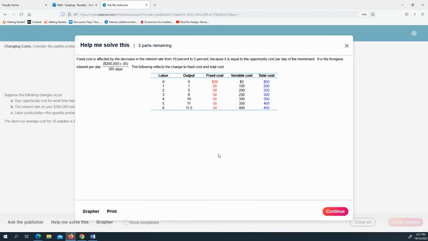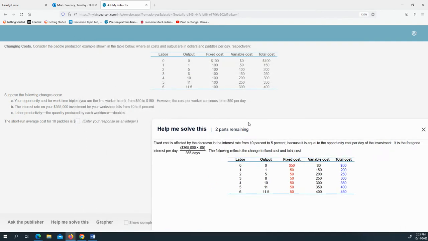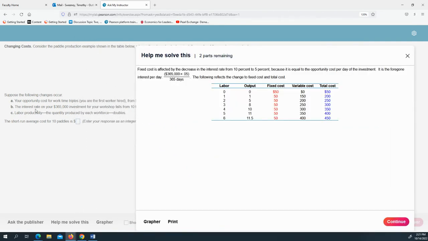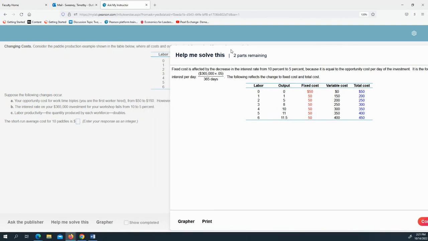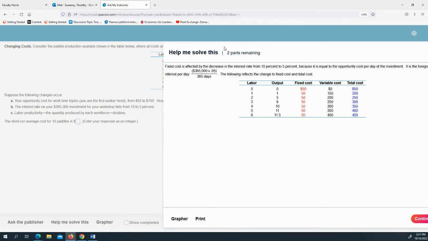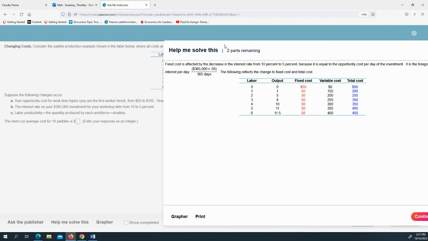Okay. And then this one's not great because it doesn't tell you where the fixed cost comes from. But when they ask you this question, I guess they're assuming that you'll deduce that the fixed cost comes from the interest that you're paying on that $365,000 investment. Okay, so the interest rate on your $365,000 investment for your workshop falls from 10% to 5%.